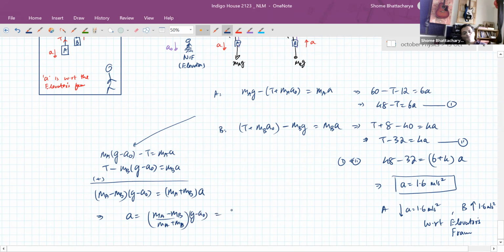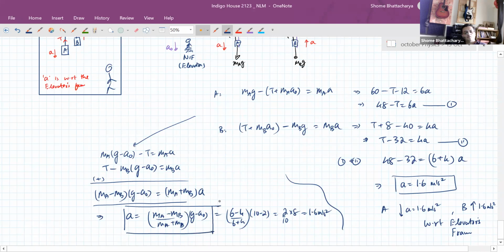Which if you substitute, you get 1.6 meters per second square. Okay, so this is the same thing, but I've just solved the equation parametrically first, and then substituted the values. This is the same as this.